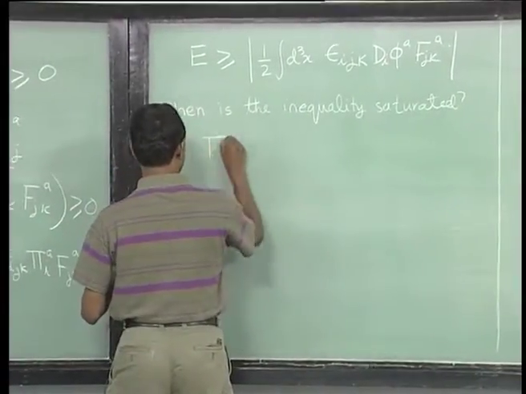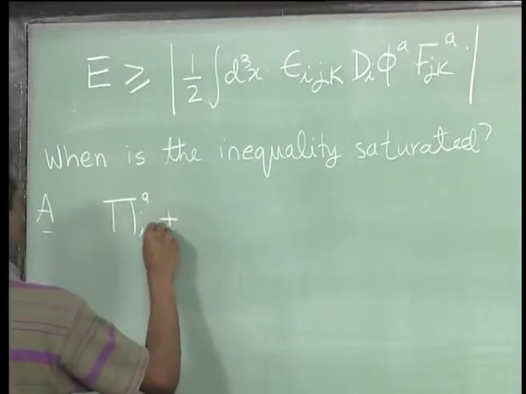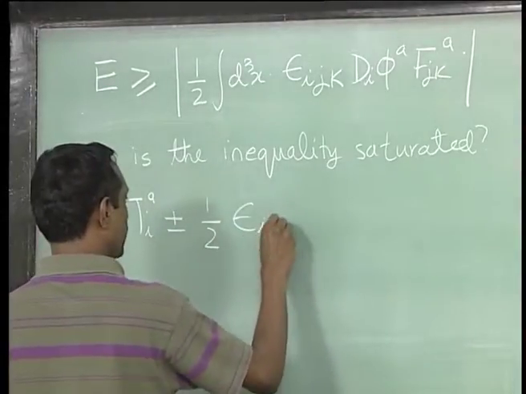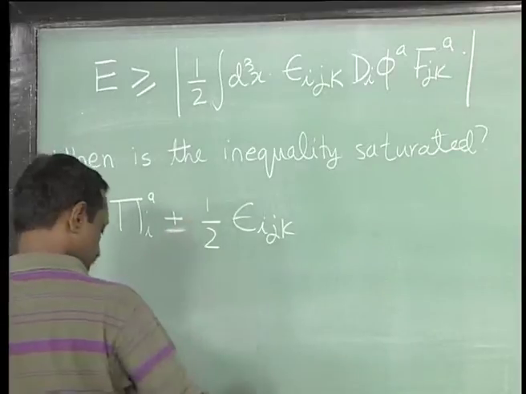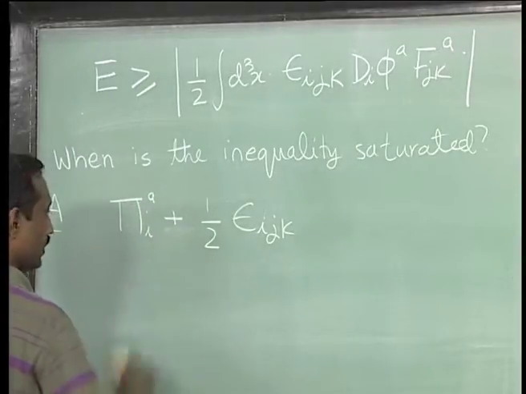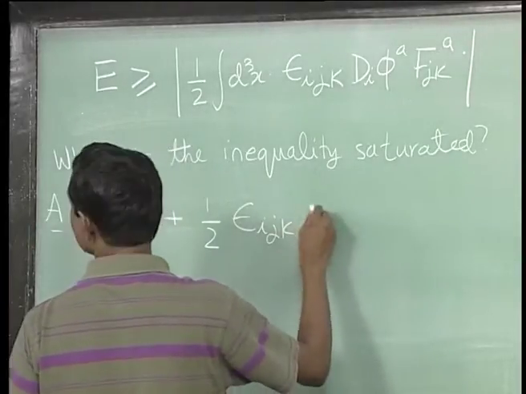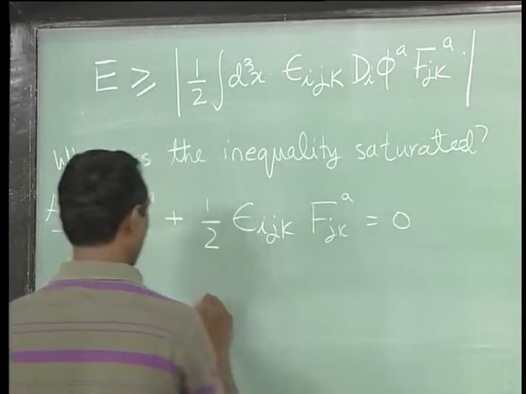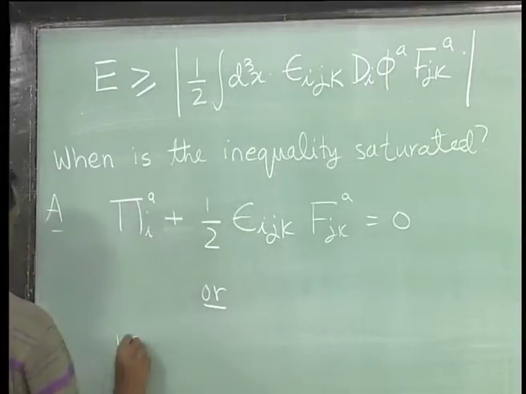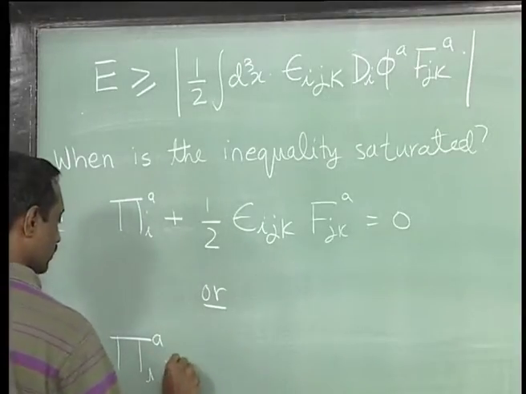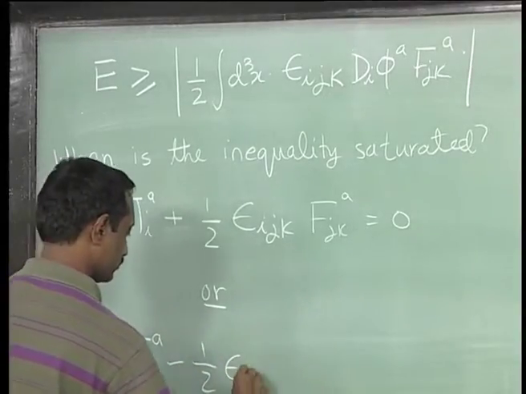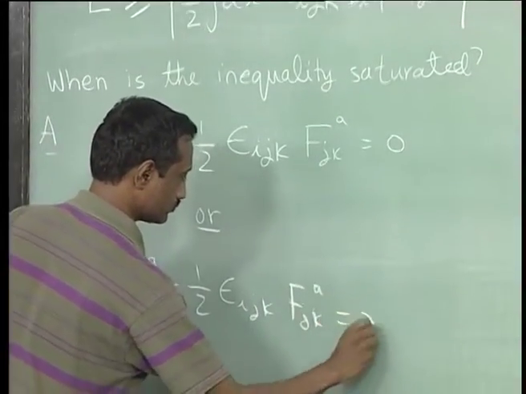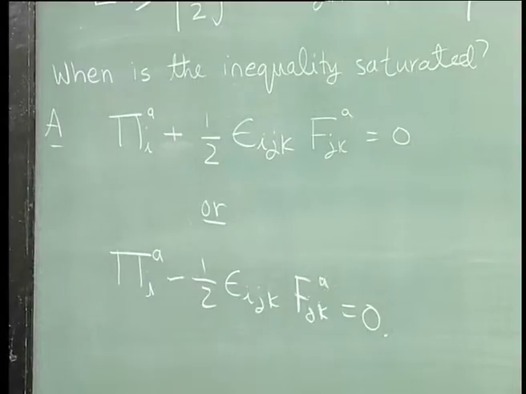pi I A plus or minus half epsilon I j k, let us write it as 2 terms and determine when epsilon I j k f_jk of A equal to 0, or okay.